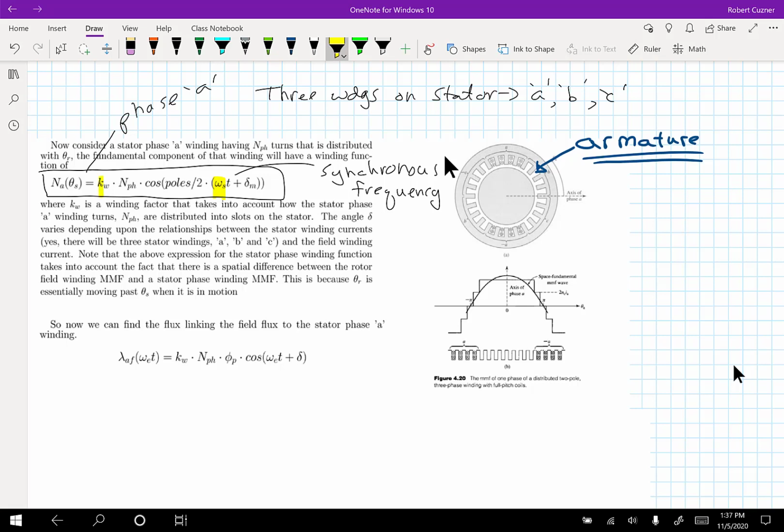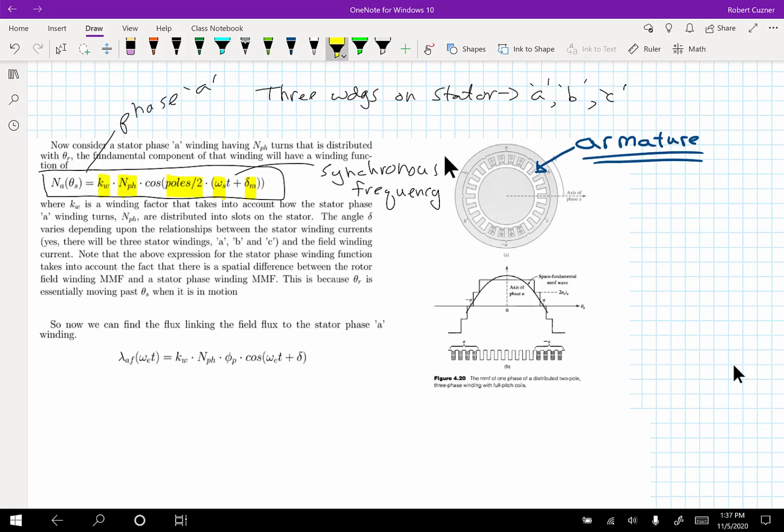The winding has a winding factor which includes both pitch and distribution. It has total number of turns per phase. It has pole pairs. And I'm also going to introduce at this time, because it is an armature winding, a del angle, which you guessed is going to be associated with mechanical torque.